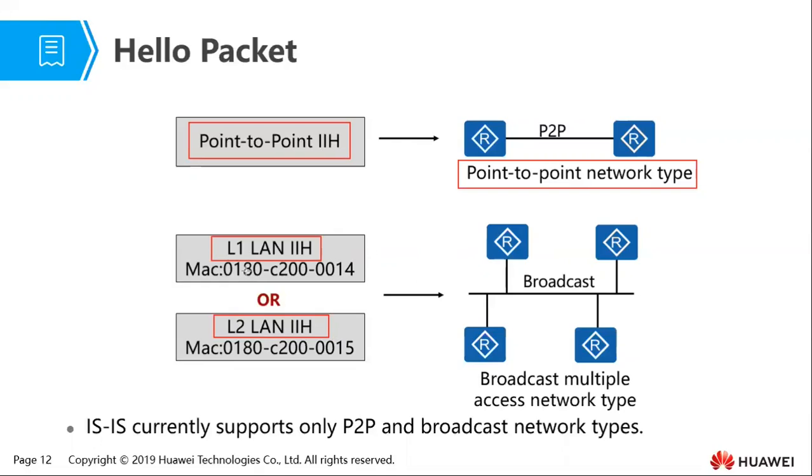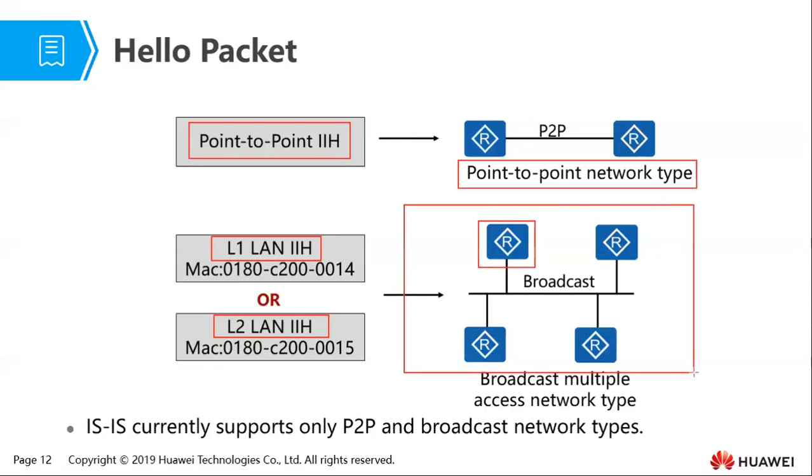Now, for example, if this area is a level 1 area, then this particular router, if it wants to establish neighbor relationships, it will send a level 1 LAN IIH with the multicast destination address.